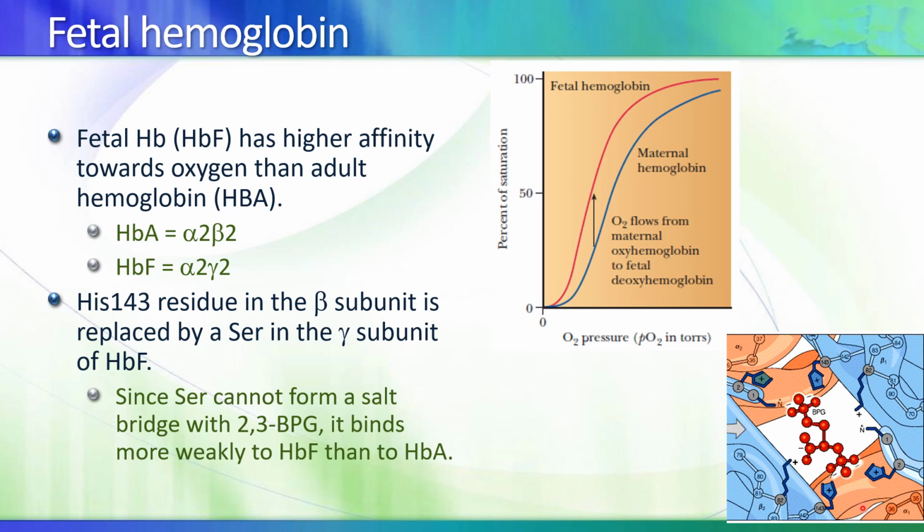Now, this histidine 143 is important in forming electrostatic interactions with bisphosphoglycerate. So when this histidine does not exist, you have less electrostatic interactions, weaker interactions between bisphosphoglycerate and the hemoglobin molecule, and as a result, fetal hemoglobin has higher affinity towards oxygen.